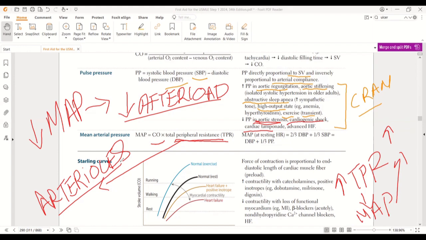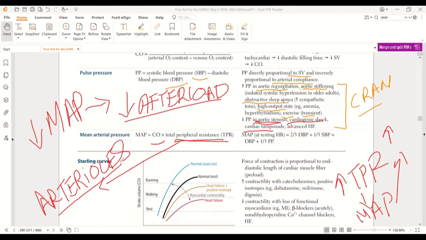Can you tell me any drug that leads to increased TPR? Norepinephrine, exactly, a vasopressor. Can you tell me any condition that leads to decreased TPR? Hydralazine, which mainly acts on arteriolar dilatation.